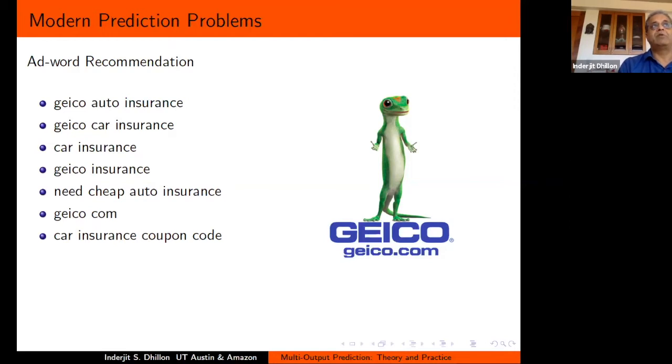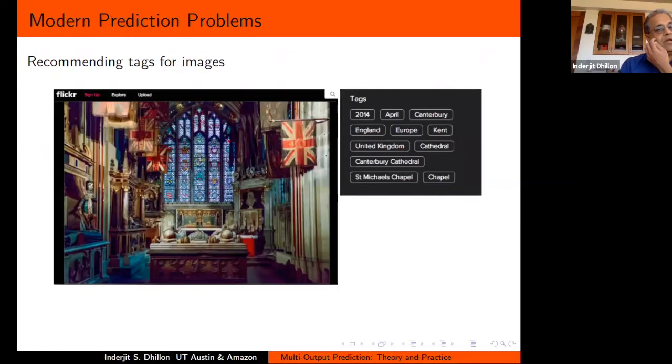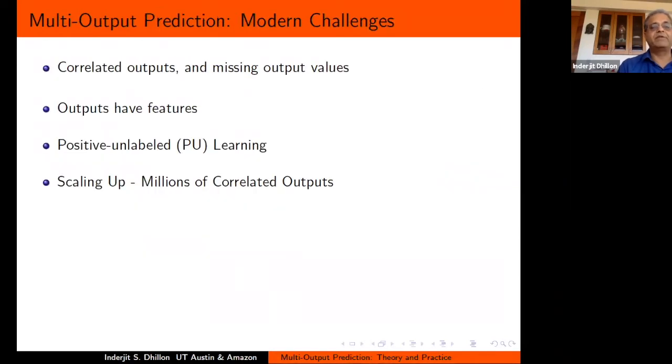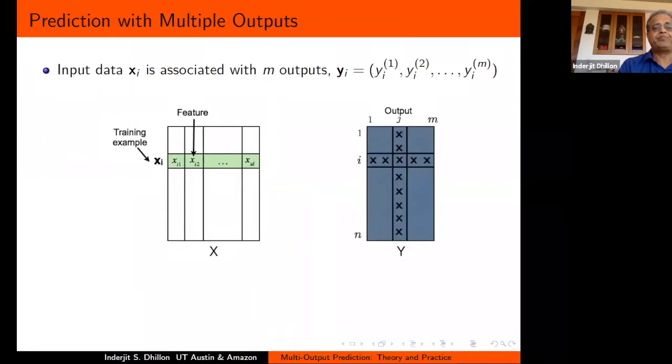And each bid phrase would then count as a possible output. Similarly, tags with images. So modern multi-output prediction problems have lots of challenges: correlated outputs, missing output values. So let's first tackle that first challenge and see how we can handle these correlations in the outputs as well as missing output values.